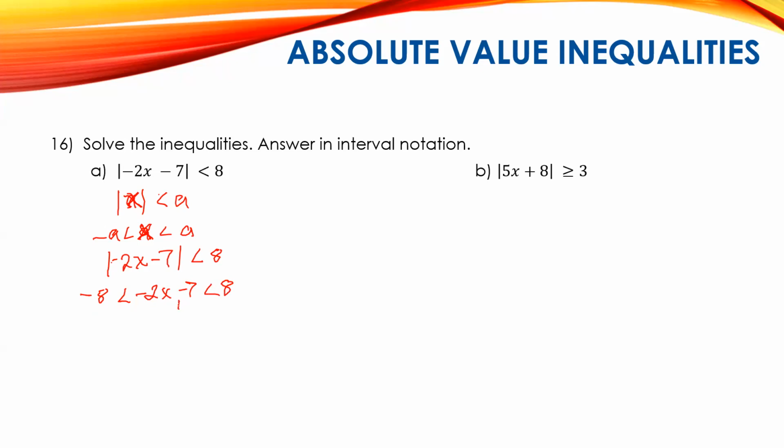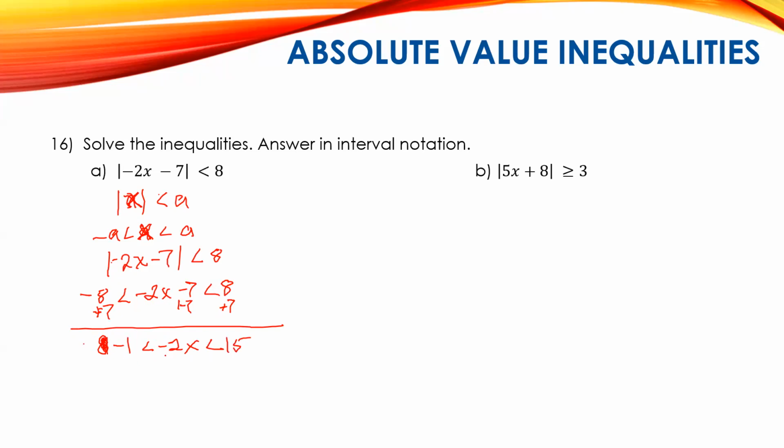And add 7 to both sides. That will be... sorry, add 7, negative 1. That will be negative 1 less than negative 2x less than 15.